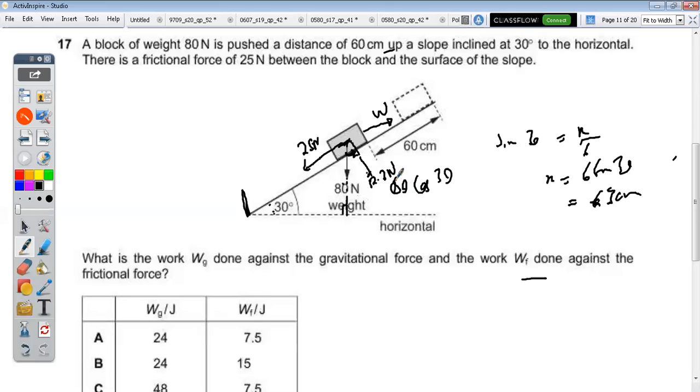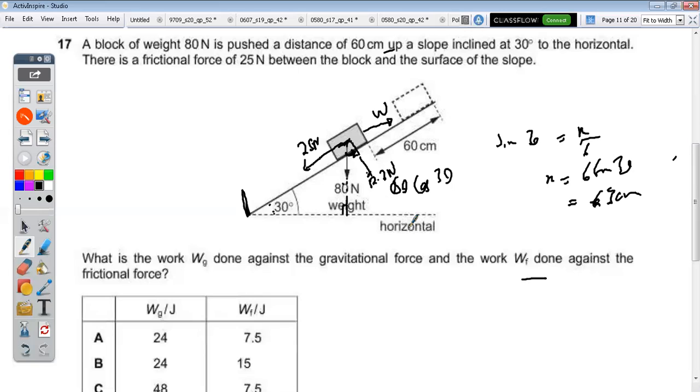Okay. Then if you do 80 sine theta, what do you get? Eighty sine theta is what? Is that 40 degrees? Sine theta is negative 79?